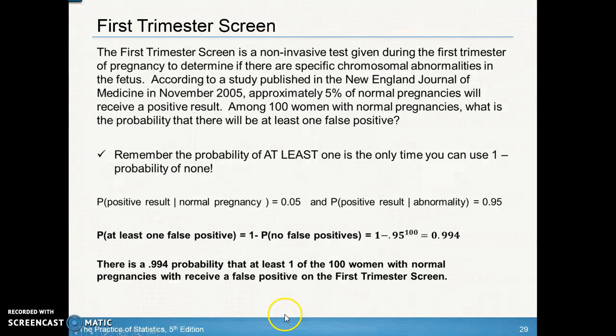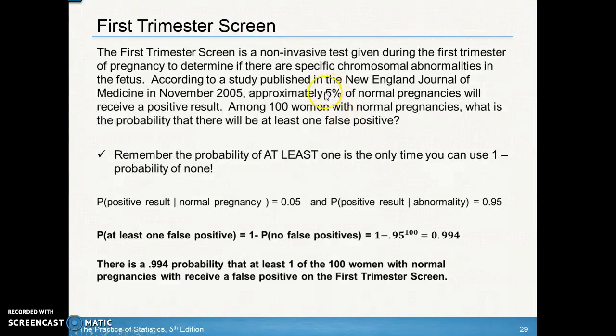All right, so let's look at one of these at least questions where we're subtracting from 1. So the first trimester screen is a non-invasive test given during the first trimester of pregnancy to determine if there are specific chromosomal abnormalities in the fetus. According to a study published in the New England Journal of Medicine, 5% of normal pregnancies will result in a positive test. Among 100 women with normal pregnancies, what is the probability that at least one will have a false positive?